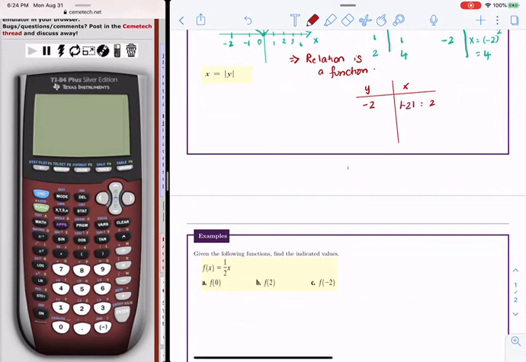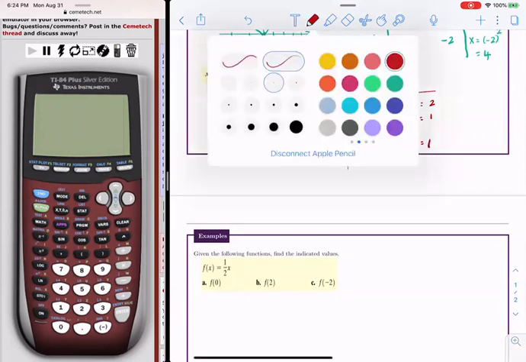When y is -1, we have the absolute value of -1, which would give us +1. When it is 0, you would have 0, and the absolute value of 1 is 1.